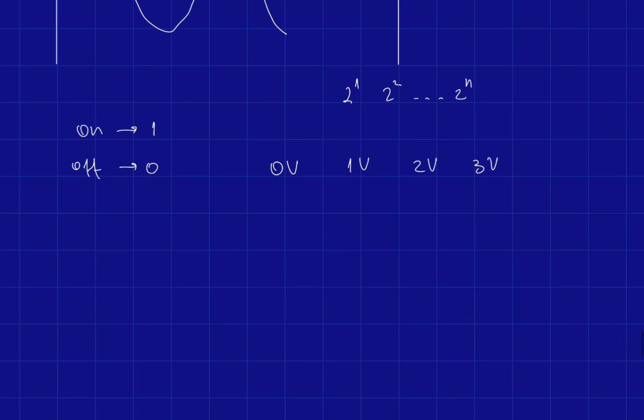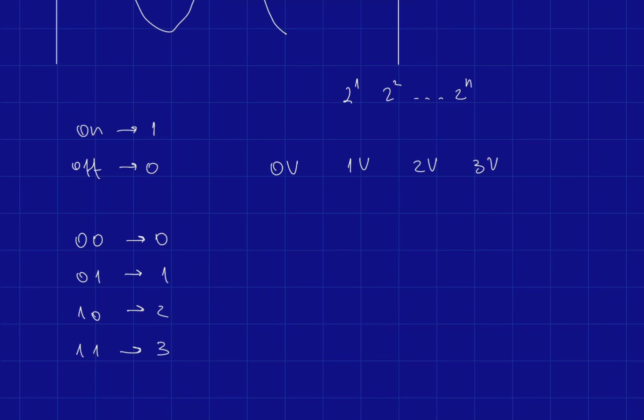And that is much more intuitive to a computer. And notice that for us to use those 4 values, we had to use 2 bits. So 0 0, which is 0, 0 1, which is 1, 1 0, which is 2, 1 1, which is 3.